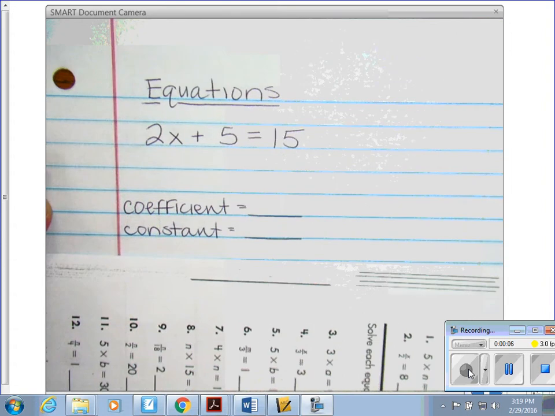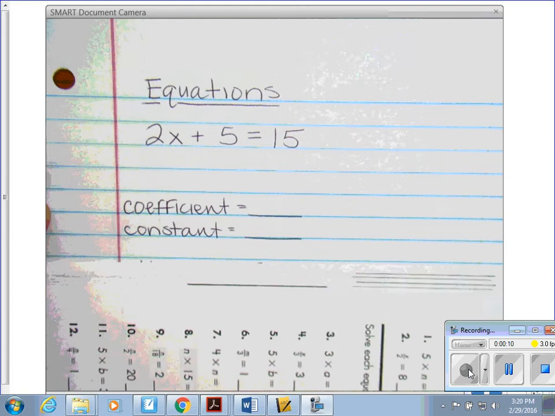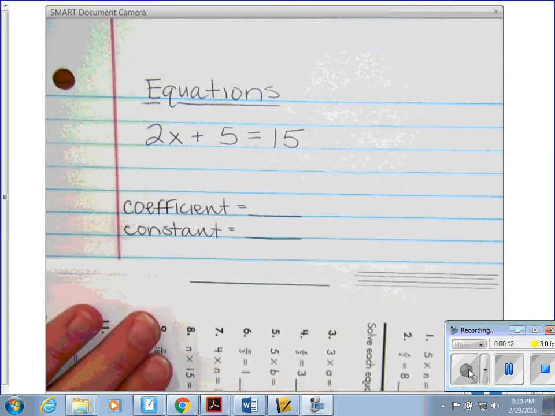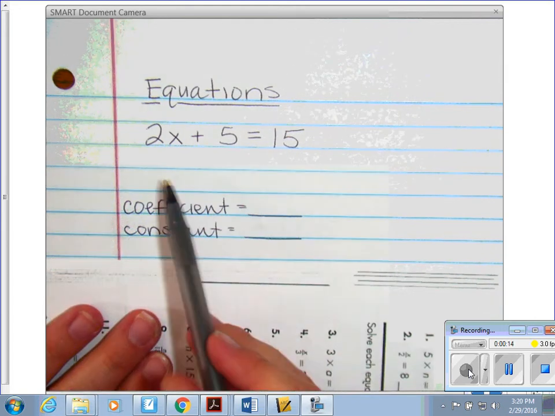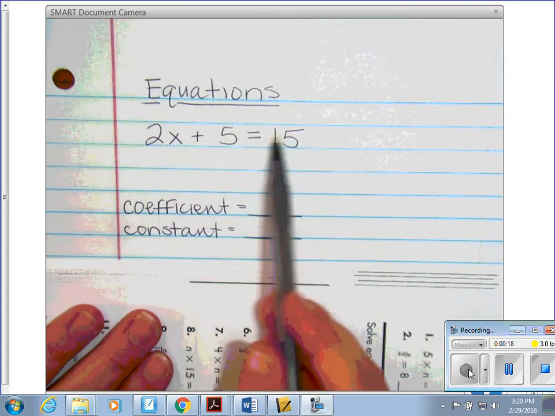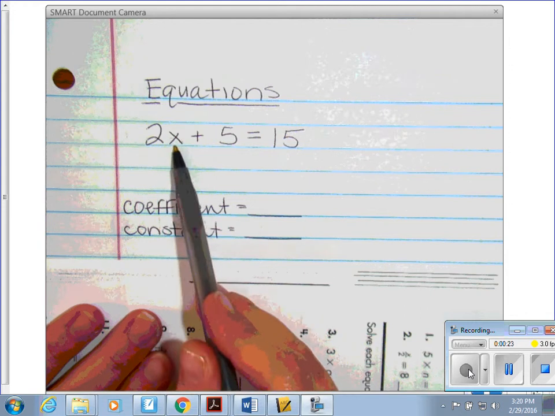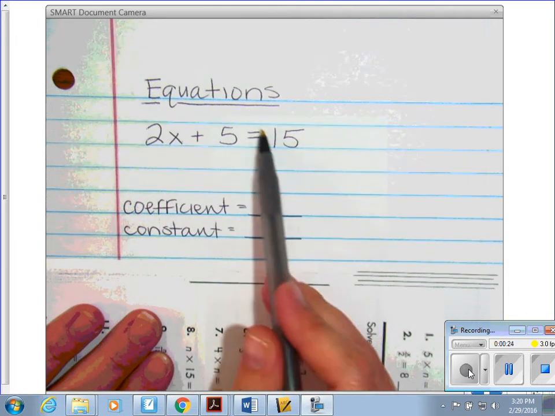Let's get started. From class, there are a lot of things that we talked about, so I just want to review a few of those with you. We discussed that an equation is an equation because of two reasons. One, it has a variable, and number two, it has an equal sign.